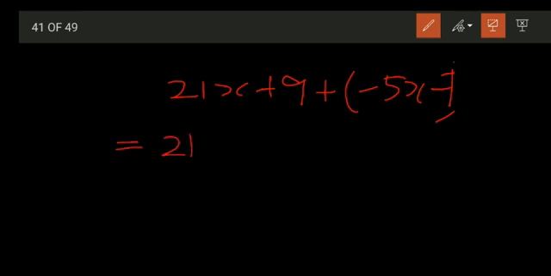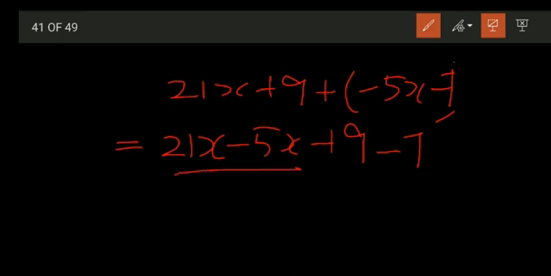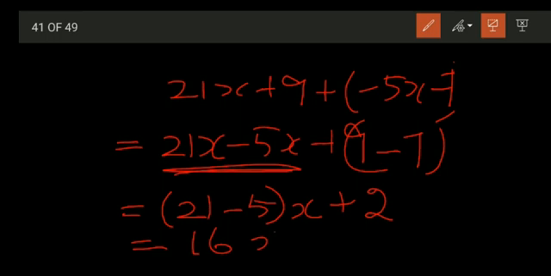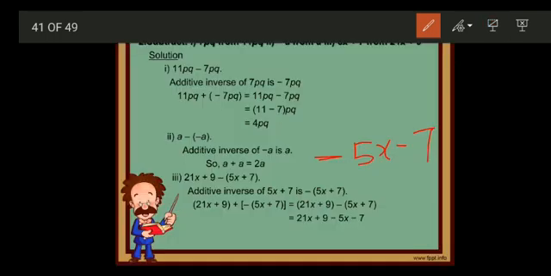We have 21x, then minus 5x, plus 9 minus 7. Here these two are like terms, so add the numerical coefficients, 21 minus 5, then write the variable. Plus 9 minus 7 is 2. 21 minus 5 is 16. 16x plus 2. This is the answer.